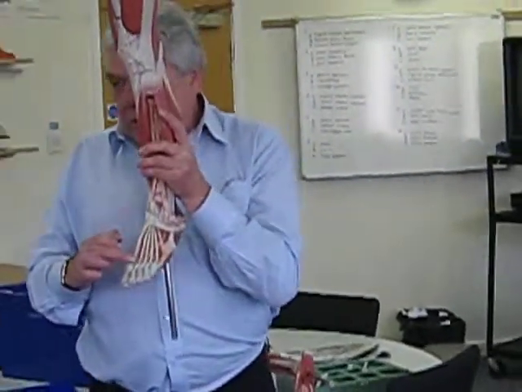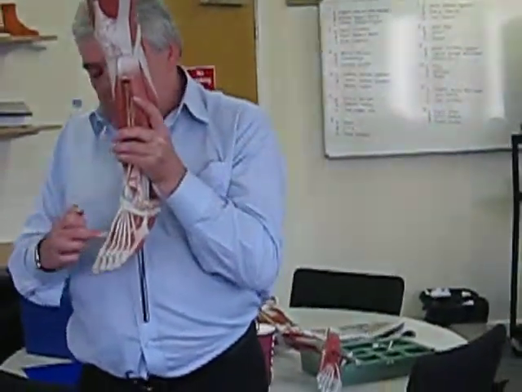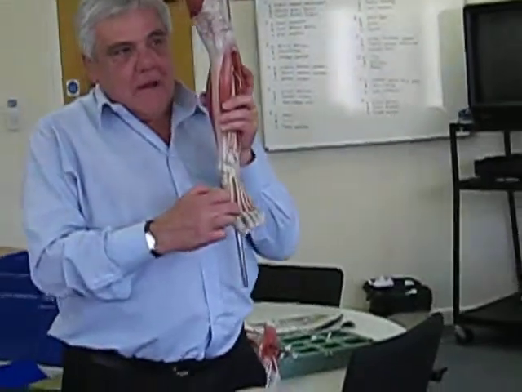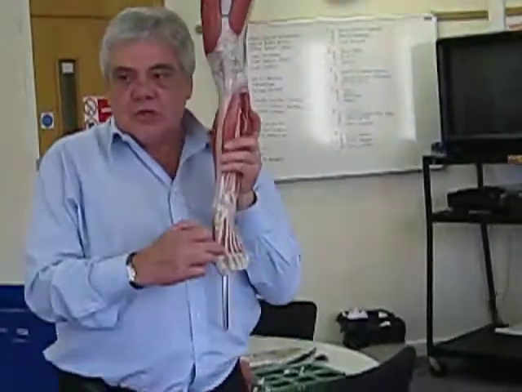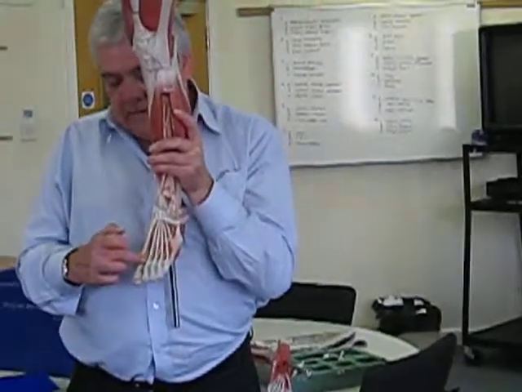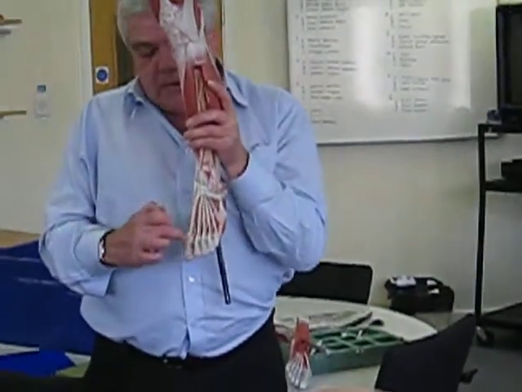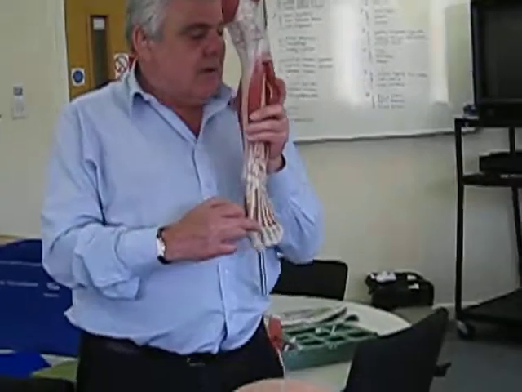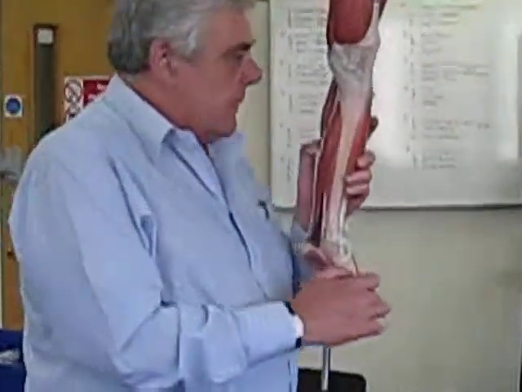The deep peroneal nerve terminates at the base of the first and second toes at that first toe cleft, and cutaneous branches pass up the adjacent sides of the first and second toe.